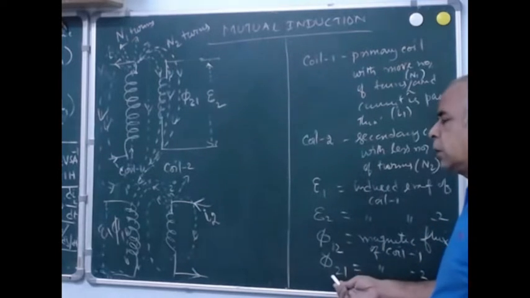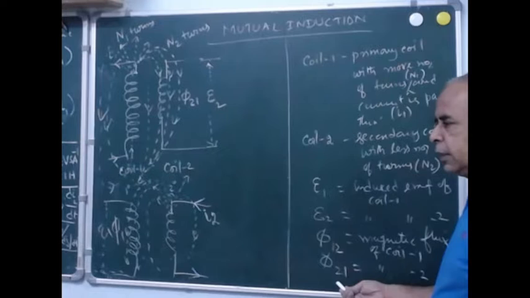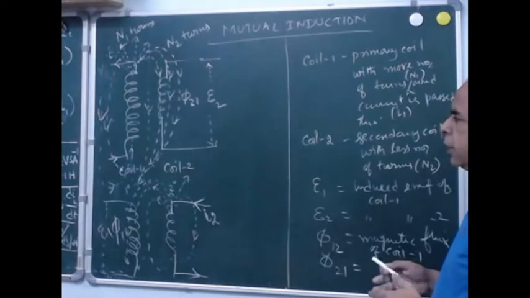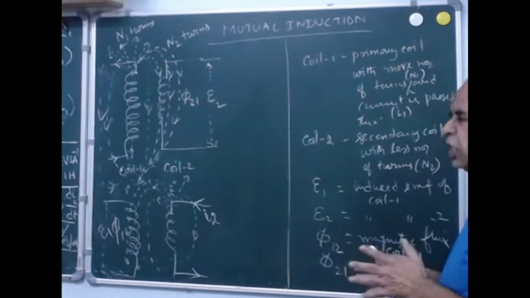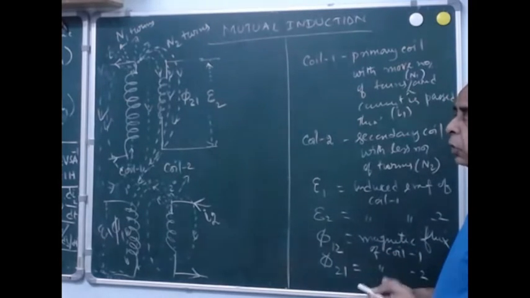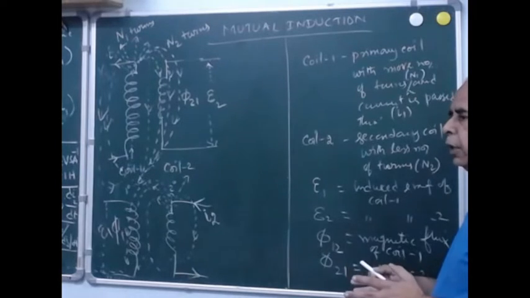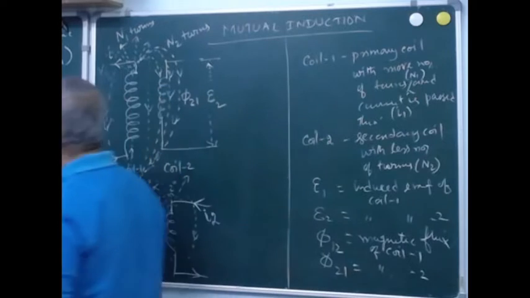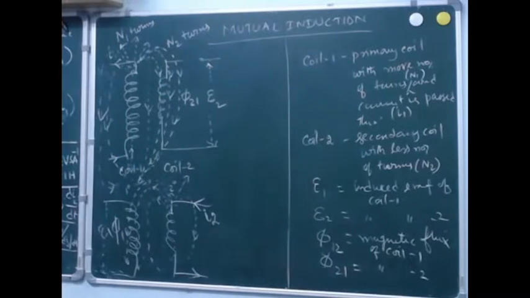And what about this? Magnetic flux of the second coil induced by the first coil, and that is why they mutually induce each other, and that is called mutual inductance. So this concept is useful in designing the transformer. Are you able to follow? Right. Now let us consider.